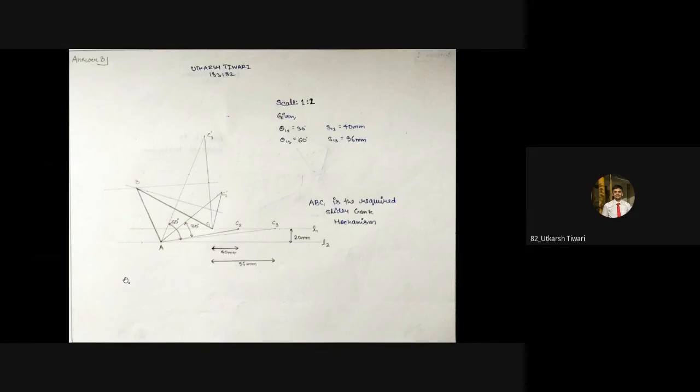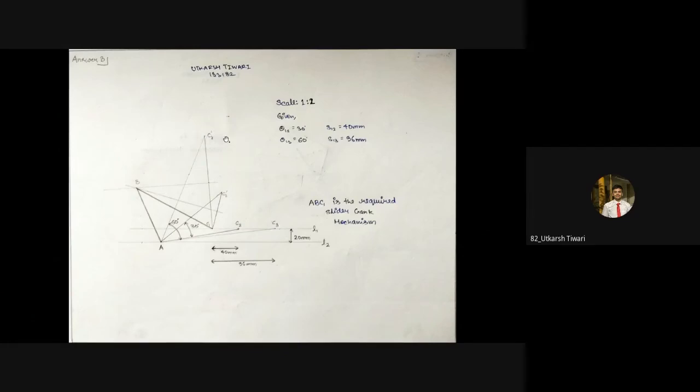Then we have to rotate the C2 point about A by an angle of 30 degree in counterclockwise direction to obtain C2 dash. Similarly, we have to rotate C3 about A in counterclockwise direction by an angle of 60 degree so that we can get C3 dash.